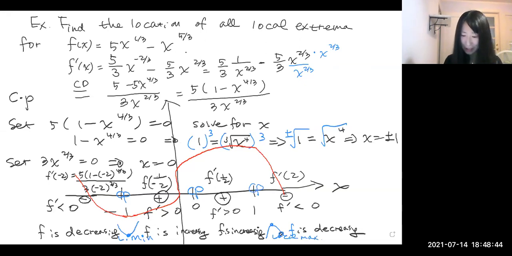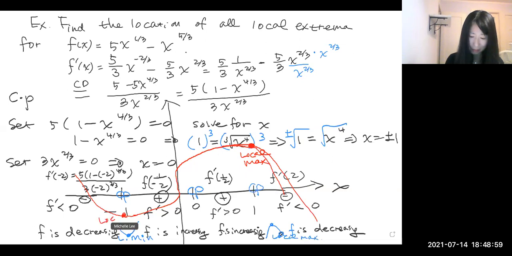I want to make this here a local max, and here a local minimum. And it looks like there is a vertical tangent line, right?